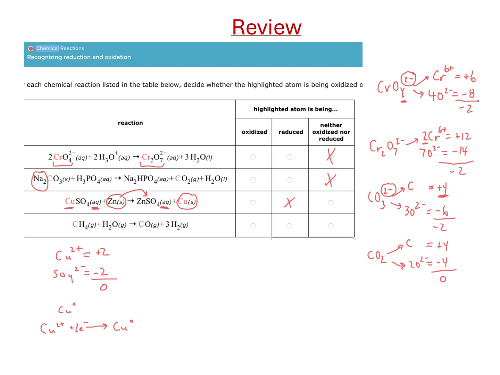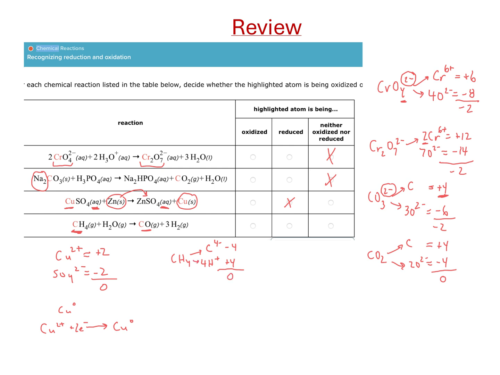The next one is also a redox reaction. We're looking at methane to carbon monoxide. Here we can break up methane into carbon and 4 hydrogens. Hydrogen would be a +1 charge, so 4 times +1, 4+ on the hydrogen, which means carbon would need to be 4- because overall methane is 0.